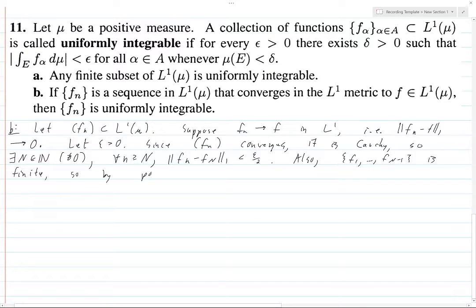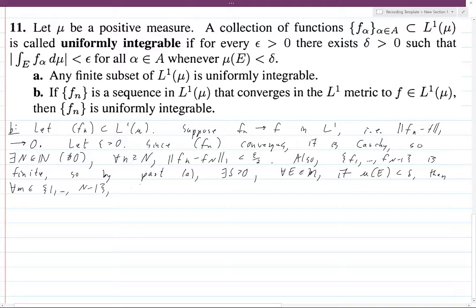So by part A, there exists a delta greater than 0 such that for all E in M, if the measure of E is less than delta, then for all m from 1 to N minus 1, the absolute value of the integral over E of f_m d mu is less than epsilon over 2.